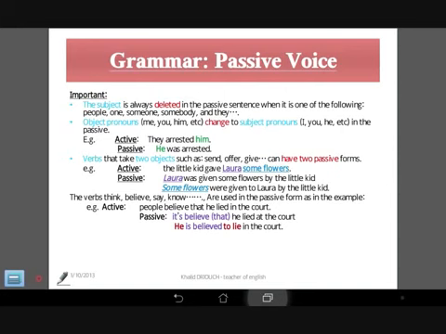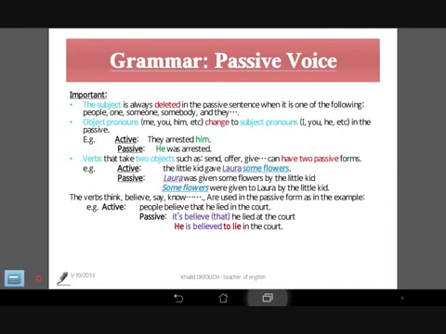Second important point, when we have an object pronoun like me, you, him, they change to subject pronouns like I, you, he in the passive form. Let's check an example together. In the active form we have, they arrested him. Him is an object pronoun.